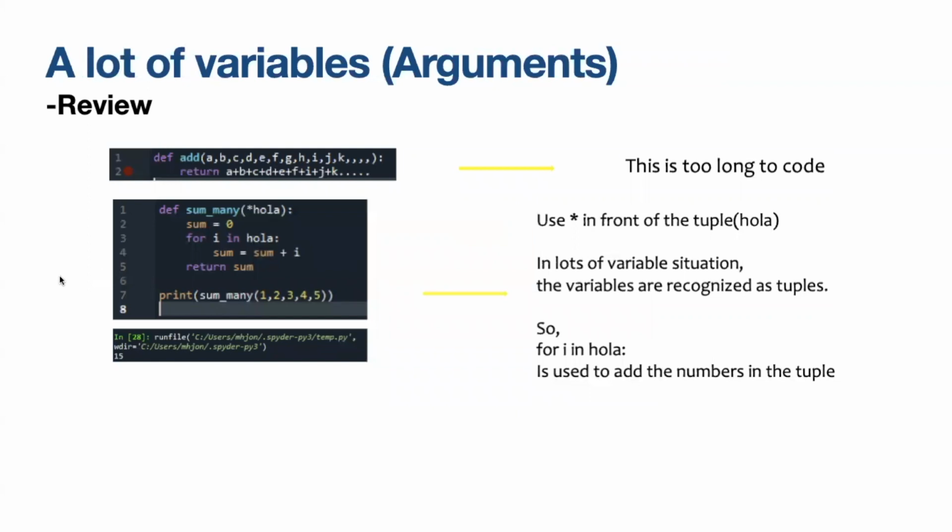There might be a lot of variables. So there are a lot of variables, arguments, passed through here, and it might be really confusing which is which. So we can write this as a pointer. We call this asterisk or star. There are various names, but we will just call this asterisk. So using an asterisk in front of the tuple means it actually gets the list of elements, which means the tuple of elements.